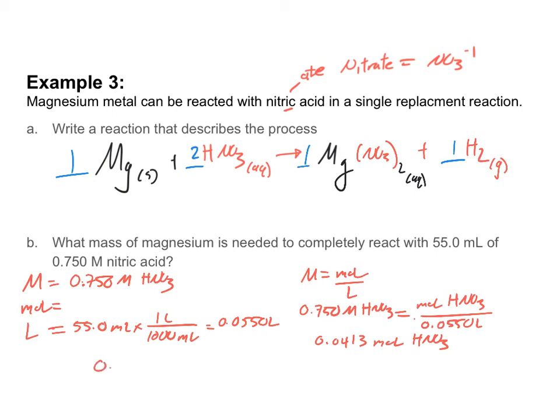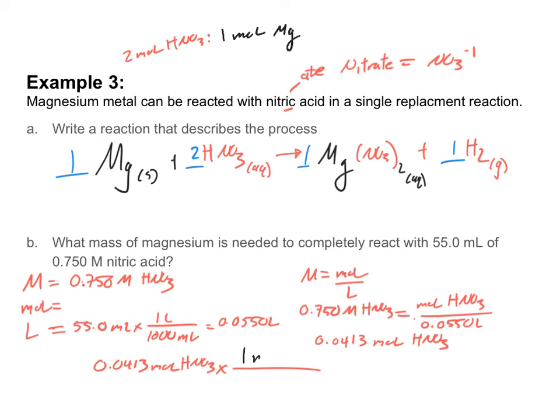So I'm going to take 0.0413 moles of nitric acid, and I'm going to convert it to moles of magnesium. Well, the ratio that I need for that is 2 moles of HNO3 for every 1 mole of magnesium.